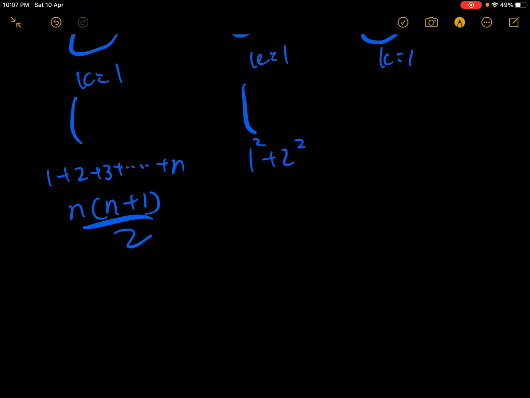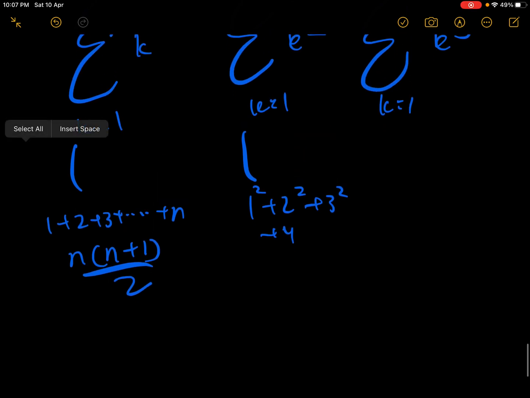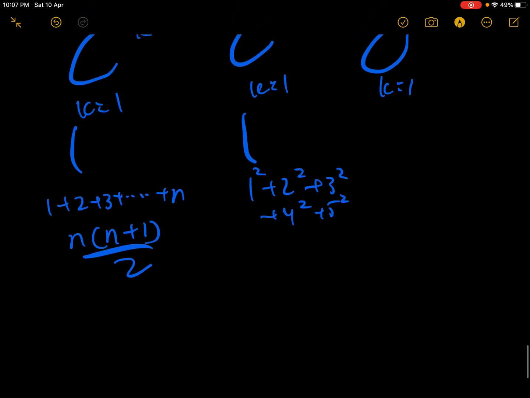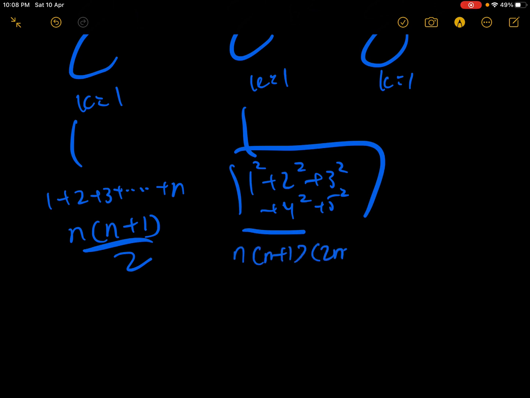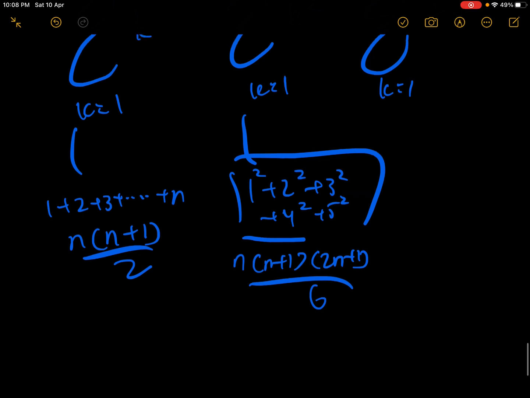For k squared, it will be 1 squared plus 2 squared plus 3 squared plus 4 squared plus 5 squared. This is not an AP nor a GP. The given formula for this is n times n plus 1 times 2n plus 1 over 6. Don't ask me why, there's a proof for it.